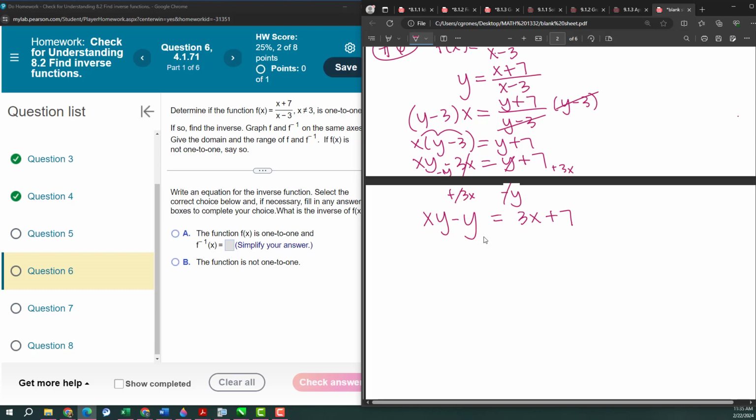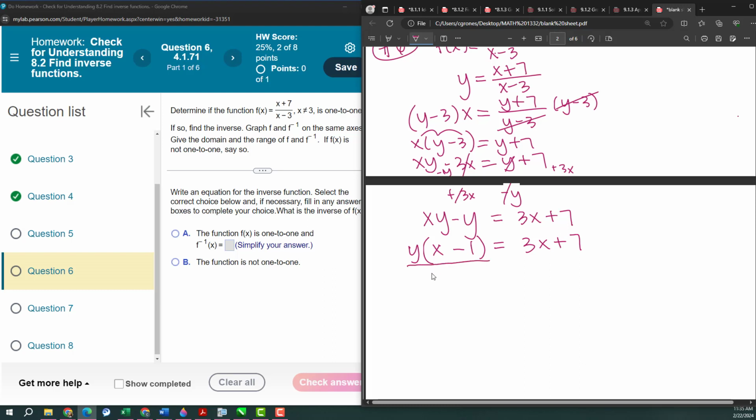So we have our y's on one side. Both of our terms have a y in it. So I can factor this y out, and I get y times x minus 1 equals 3x plus 7. So basically we can work backwards.